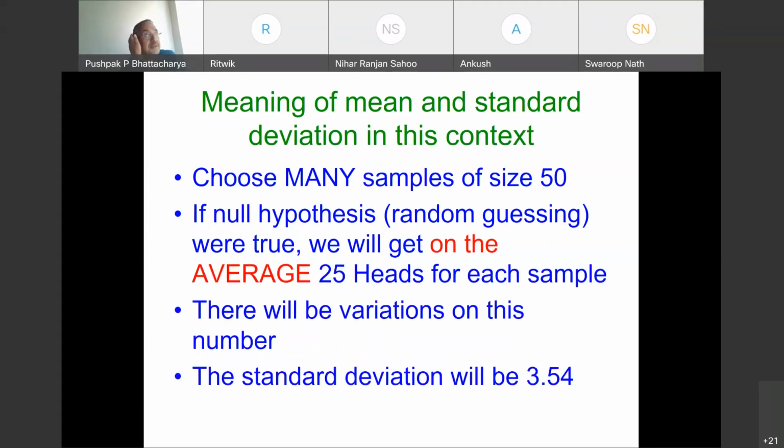So the intuition is that if most of the time I see that the number of correct tokens is more than 50%, I will have a suspicion that this hypothesis is not true. I should reject that hypothesis.